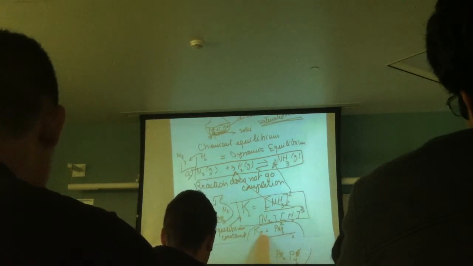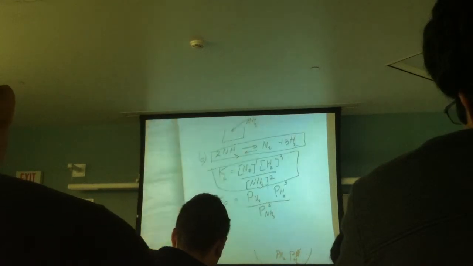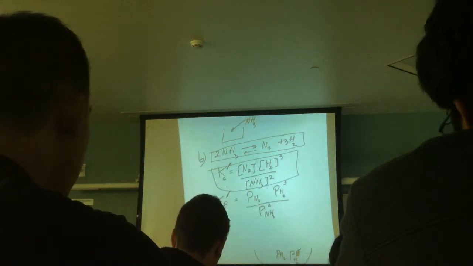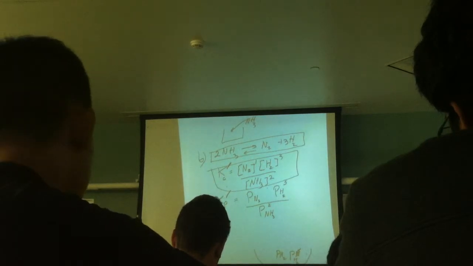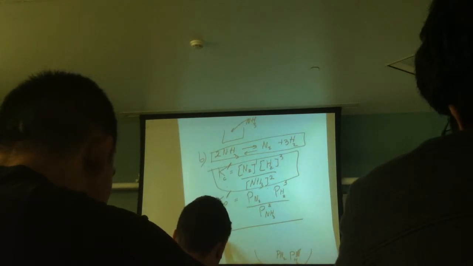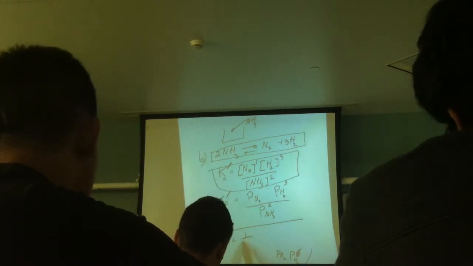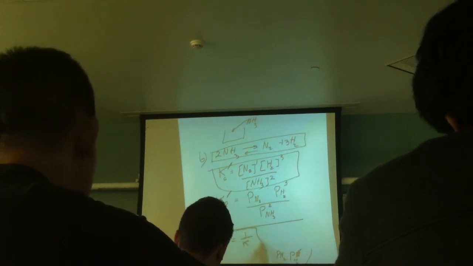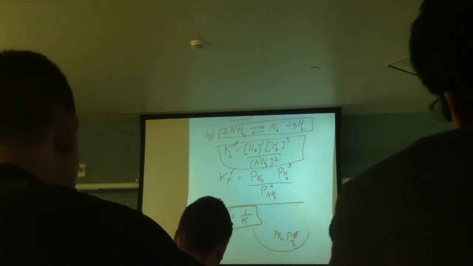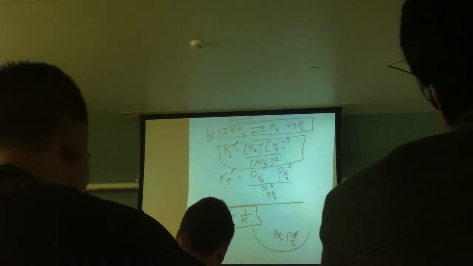Let's call this part A. Let's call it K sub C and K sub P. Got it? Let's go to part B and let's call this K prime and K prime. What's the relationship between K and K prime? Can I say K is the inverse of K prime? Please notice we have a summary for you on page 6.